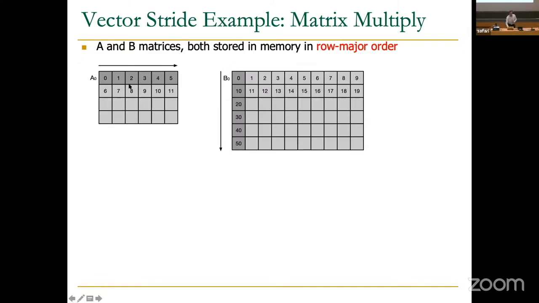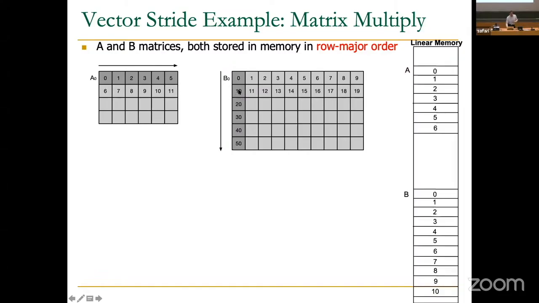And then the first element in the next row starts from offset 6. If you look at matrix B, the first row is very similar. It has 10 elements in a row, and they're stored in consecutive order. The next row starts from offset 10. So clearly, this is what they look like, basically.